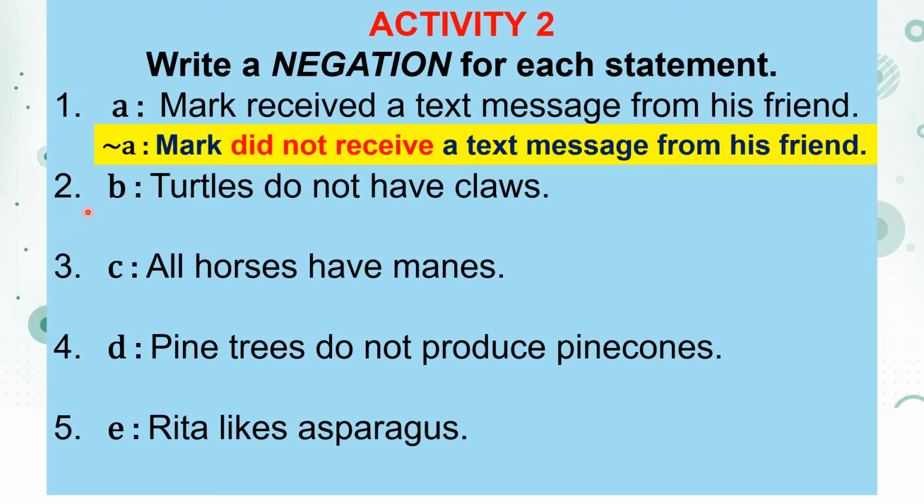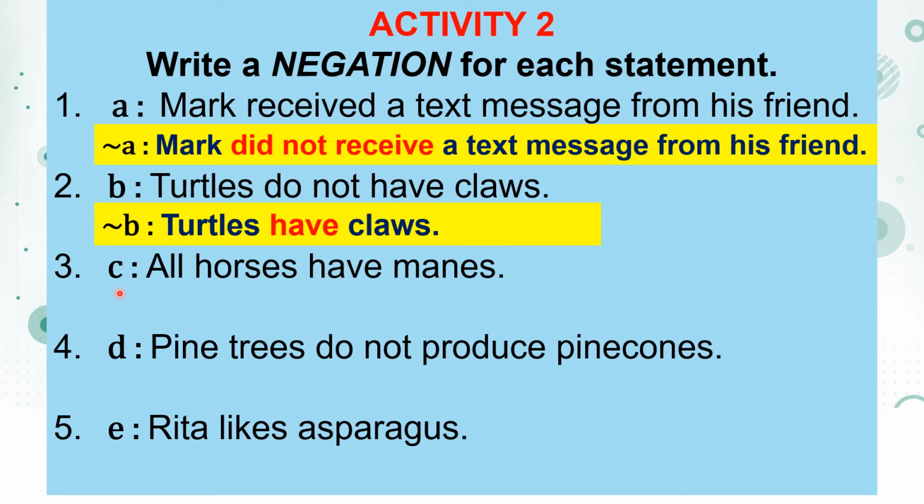Number 2. B is the proposition. Turtles do not have claws. The opposite of the words do not have is have. So the negation of the proposition B is turtles have claws. Number 3.